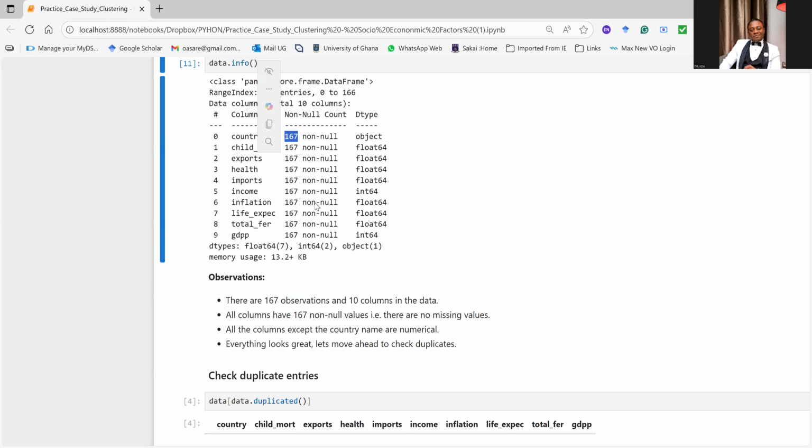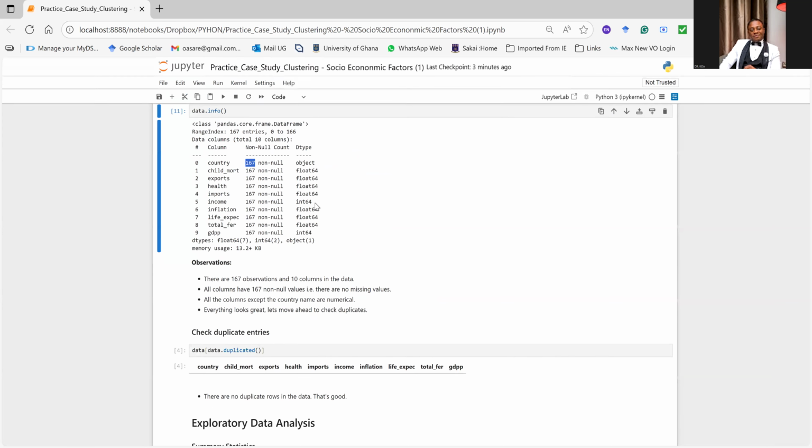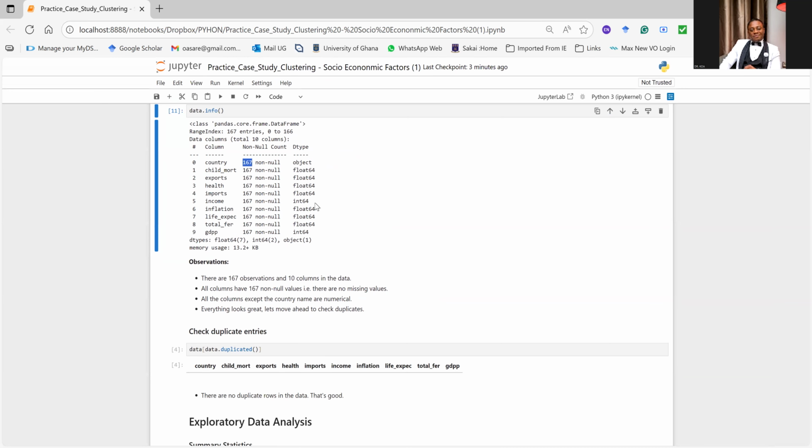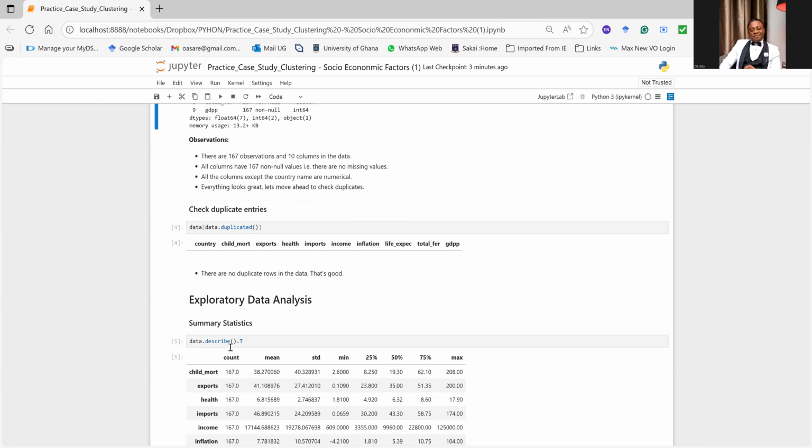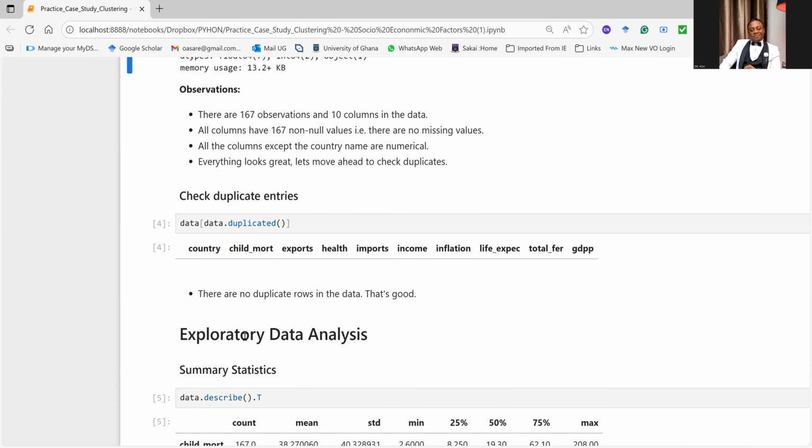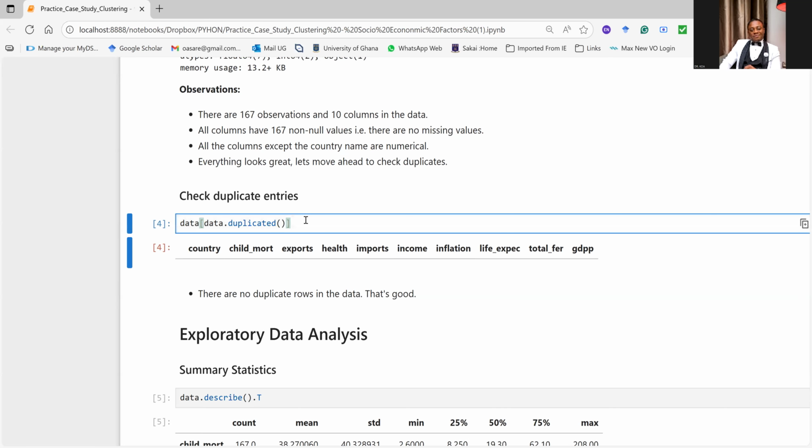So now that you see that everything is good, you can move ahead and check whether there are duplicates. For example, is there a particular duplicate in some of the rows or columns? You will run this command to indicate whether there are duplicates. So please, I want you to run that. We're trying to run everything so that you're on the same page.